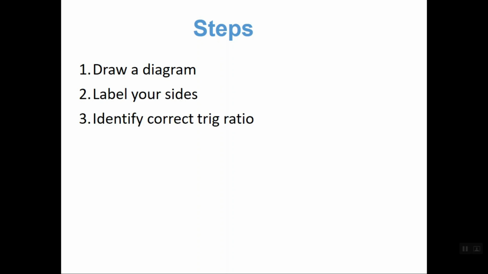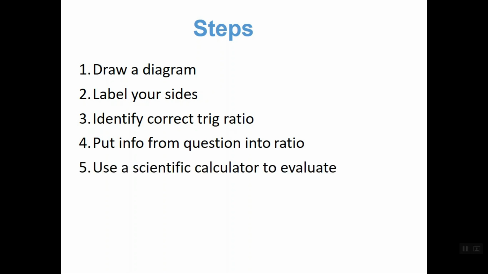The third step is to identify the correct trig ratio that you'd be using, and that would either be your sine, your cos, or your tan. The next step, guys, is to put info from the question into the ratio that you're using. And then finally, you'd use a scientific calculator to evaluate your final answer.